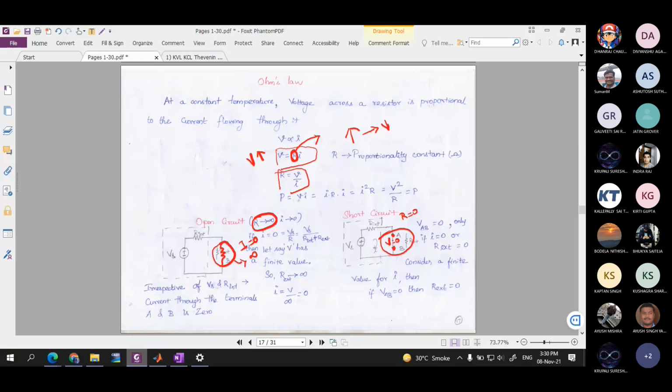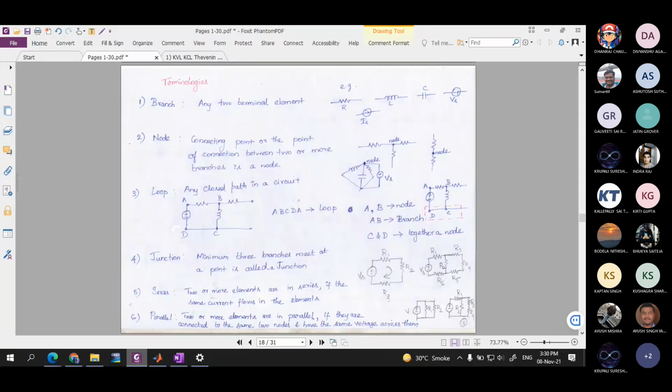Okay, so we will proceed with two more things. Terminal: if you have a resistor, or any element, this is one end and this is the second end. Let's say this is end one, this is end two. These two ends are called terminals.